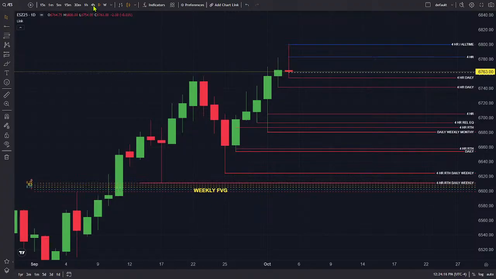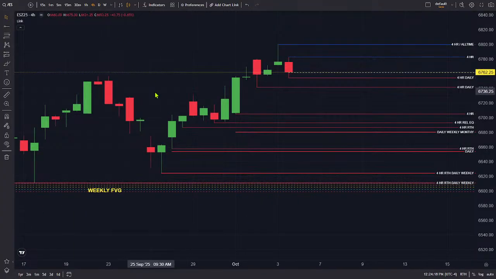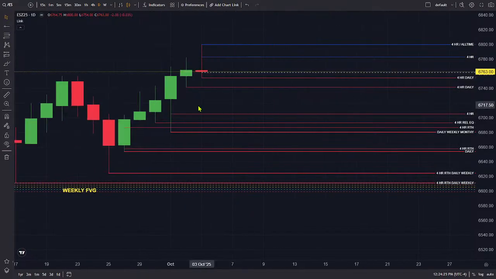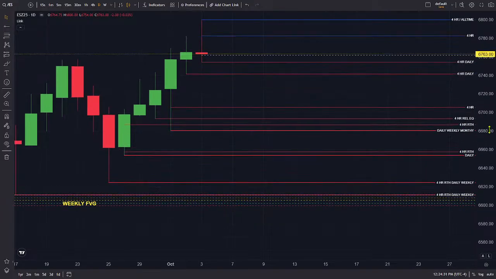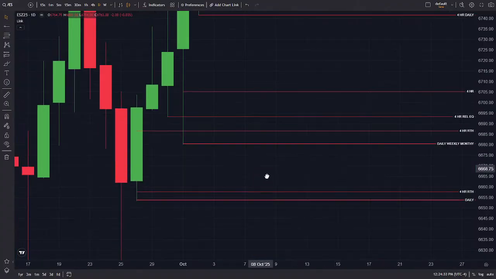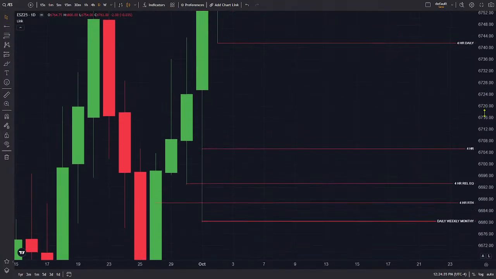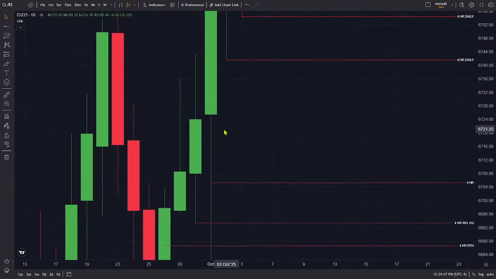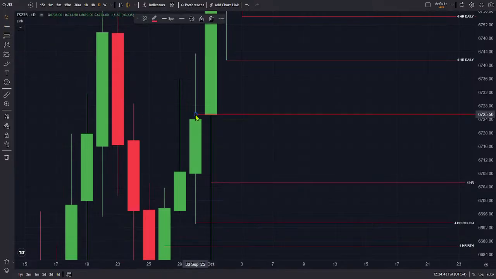Go to a 4 hour. Let's go back to the daily. Any inefficiencies, fair value gaps? Don't see any. Are there any gaps? In dogs and in wogs. We have one here. That is a volume imbalance, right there.